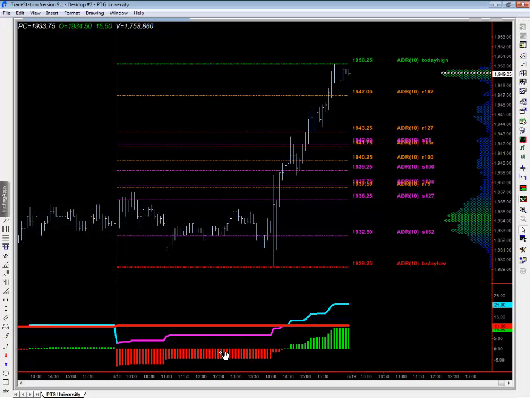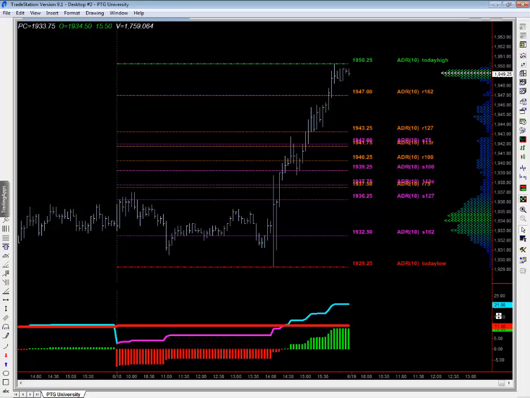What the histogram shows is simply, on any particular day, what is the actual value of that individual day's range relative to the average day's range. So you can see today we have a green histogram, and we have a blue cyan line that's above the average daily range.